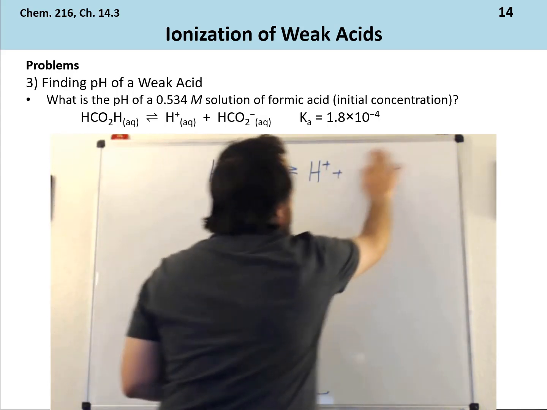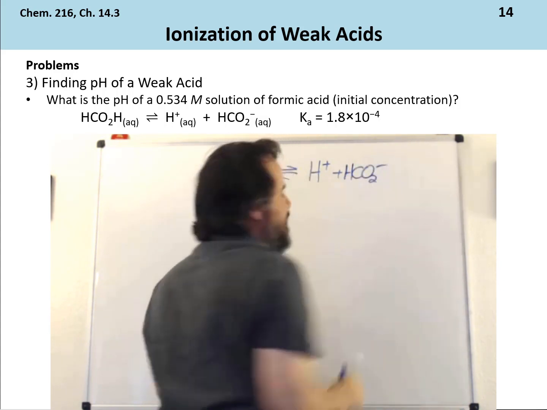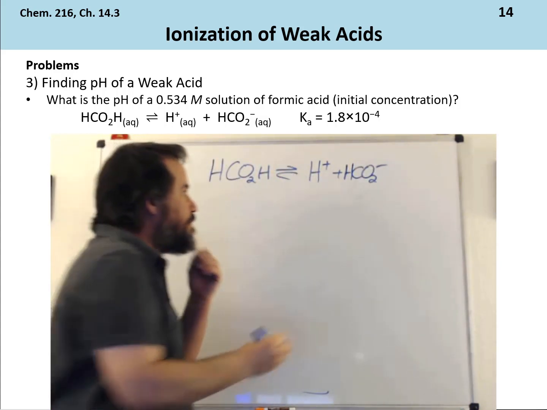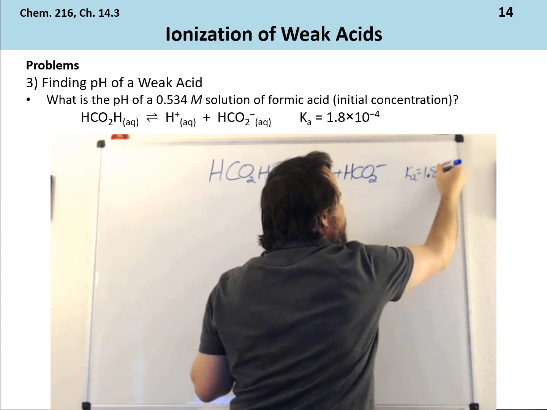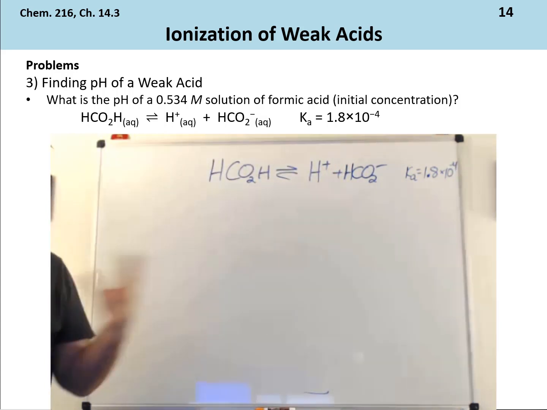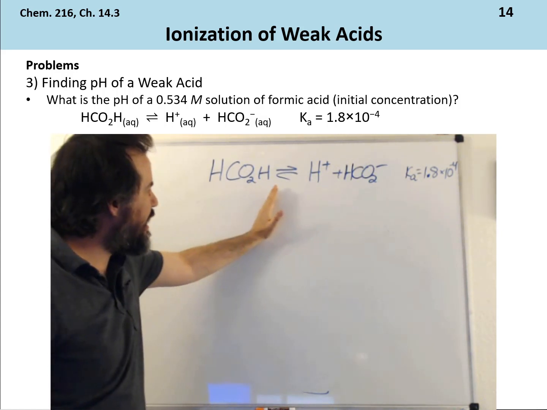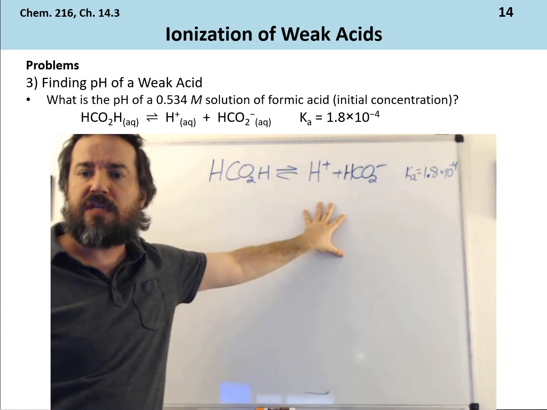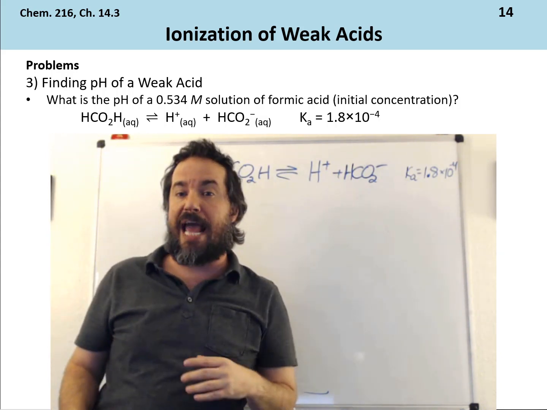Actually, on the board, I took away that one. So let's just do it for completeness. It doesn't matter. All right. My Ka for this is 1.8 times 10 to the minus 4. Okay? What does that mean? That means that overall, I'm only going to get a tiny bit of this producing H plus. Most of it is going to stay as my formic acid.